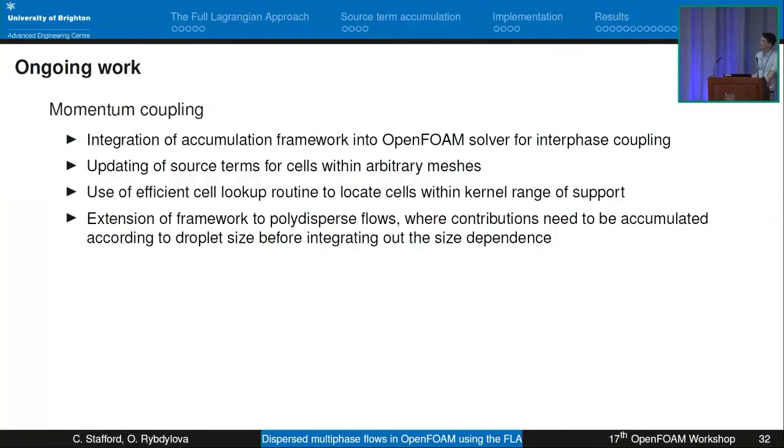So at the moment, just working out an efficient cell lookup to minimize the cost of implementation, because you want to keep it as minimal as possible, really. And then extending it to polydispersed flows requires integrating out the sizes. So that's again ongoing.